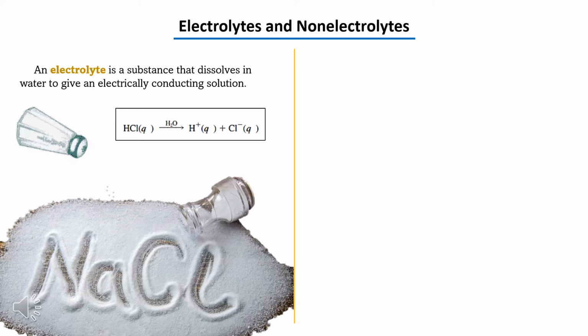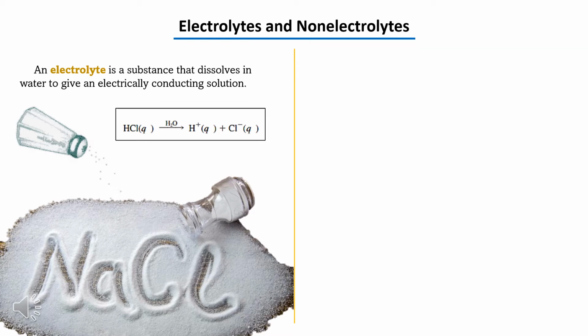Hydrogen chloride gas dissolves in water, giving HCl in aqueous form, which in turn produces hydrogen ions and chloride ions in an aqueous solution. So the hydrogen ions and the chloride ions is called hydrochloric acid. We will look more closely at molecular electrolytes such as HCl at the end of this discussion.